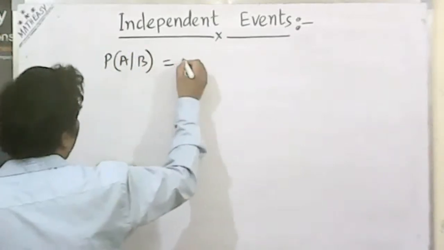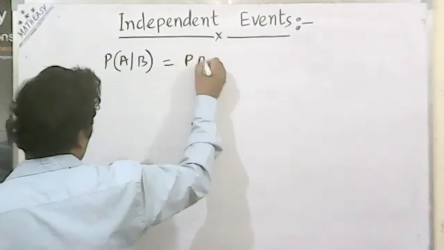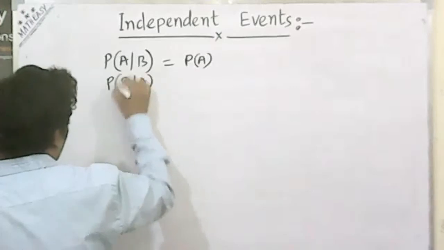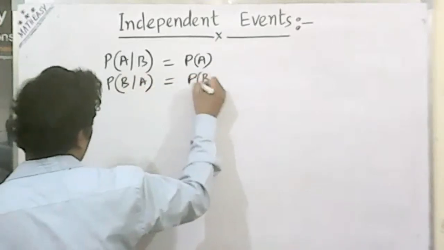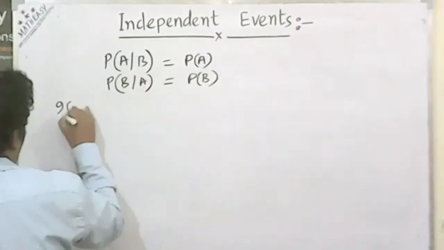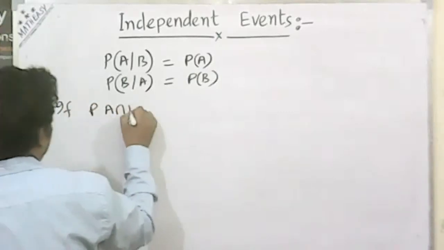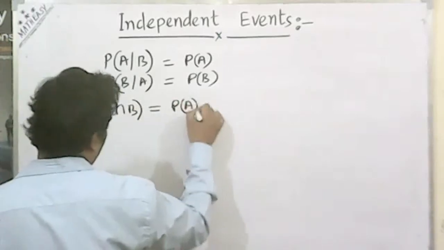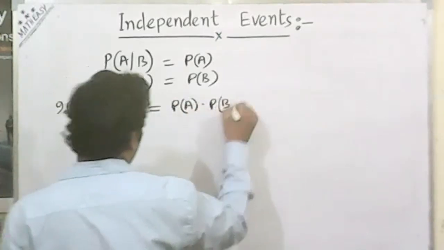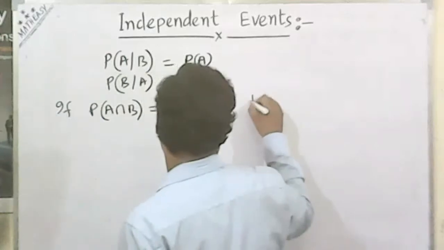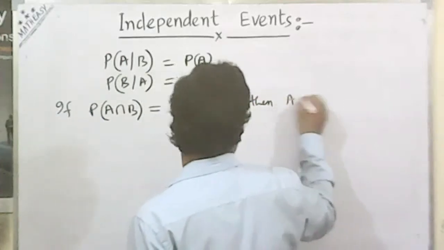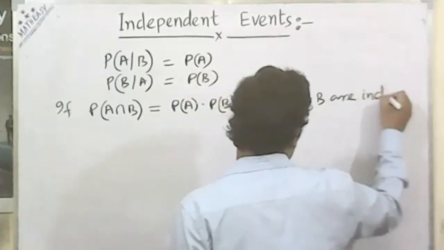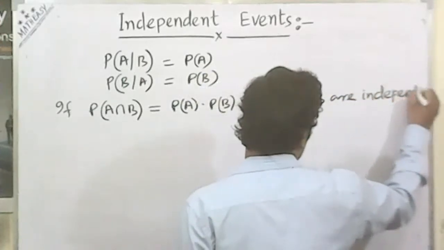That is probability A condition B is equal to probability of A. Probability B condition of A is equal to probability of B. It means if probability of A intersection B is equal to probability of A into probability of B, then A and B are independent.